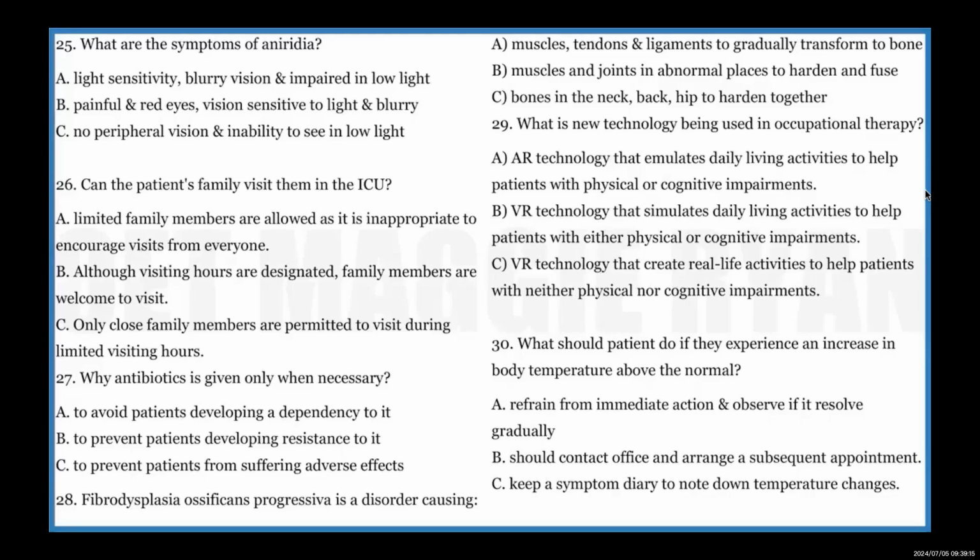Visiting hours are limited, but we encourage family members to visit and provide emotional support for our patients. We'll arrange for them to come in and see you when it's appropriate. Thank you, that means a lot to me. You're welcome. We're here to provide the best possible care for you and make your stay as comfortable as we can. Please don't hesitate to let us know if you need anything or have any concerns.